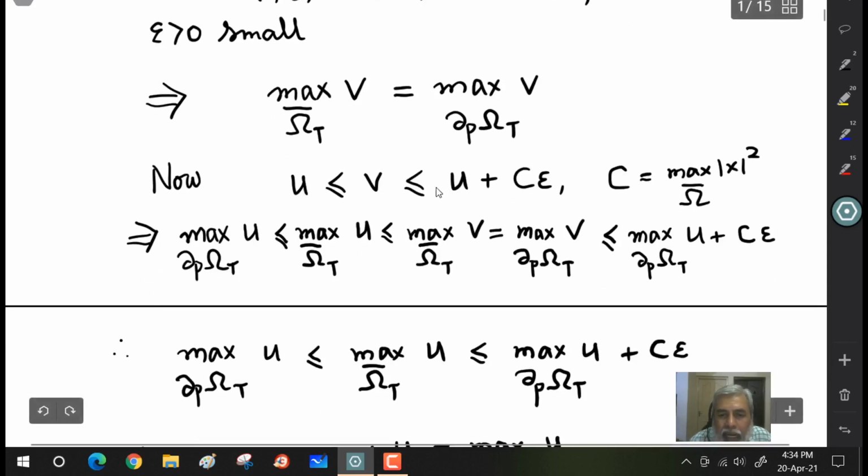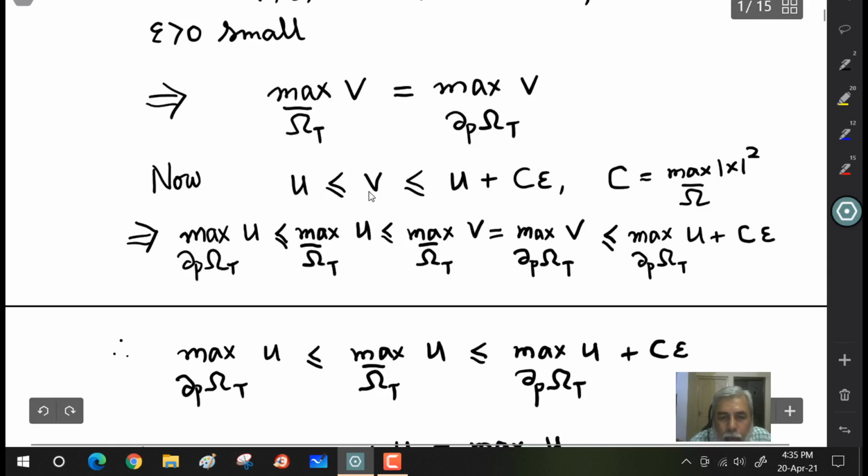Using this relation, now we take the maximum of u over the parabolic boundary, and the parabolic boundary is a subset of Omega_T bar, so the maximum of u over the parabolic boundary is obviously less than or equal to the maximum of u over Omega_T bar.